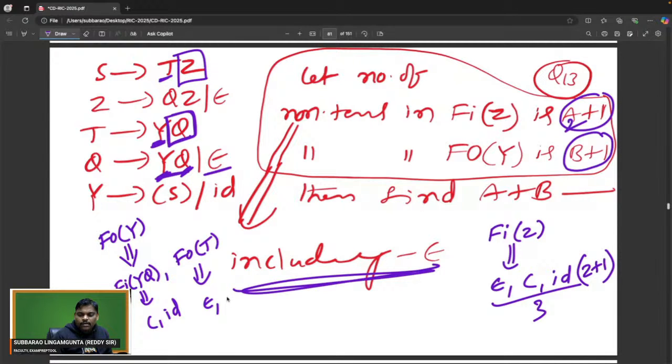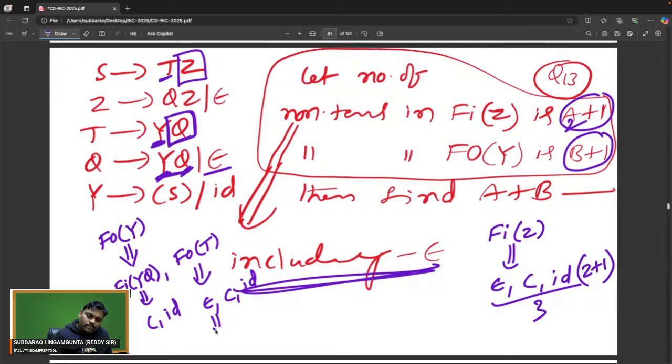One more thing is first of Q. First of Z contains epsilon. First of Z we already did. So let me write now. Epsilon, open bracket, ID.